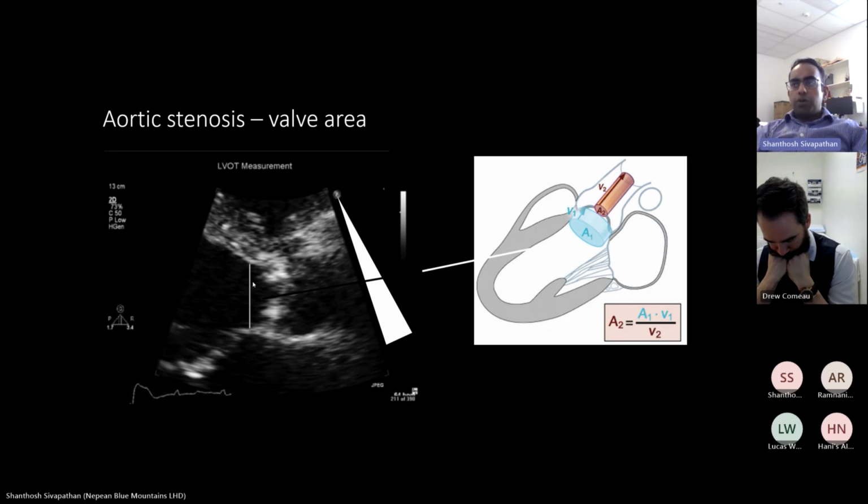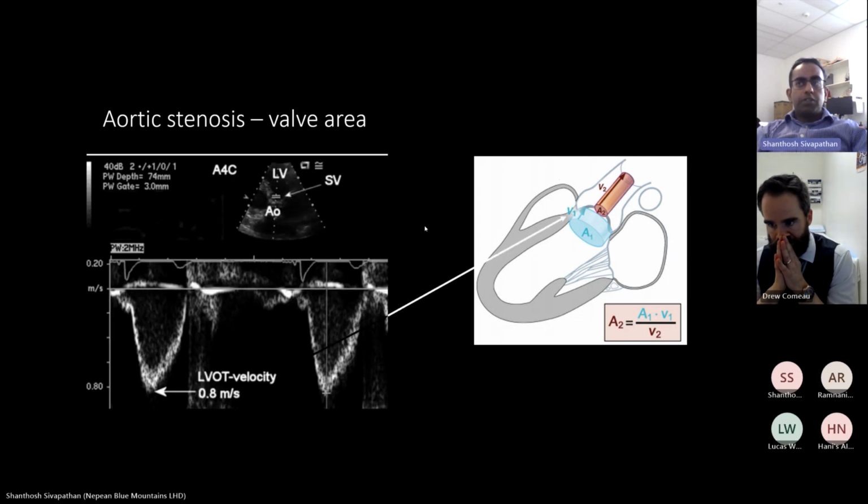So if you know your LVOT diameter and you measure the LVOT VTI, then you'll be able to figure out what the aortic valve area is subsequently.